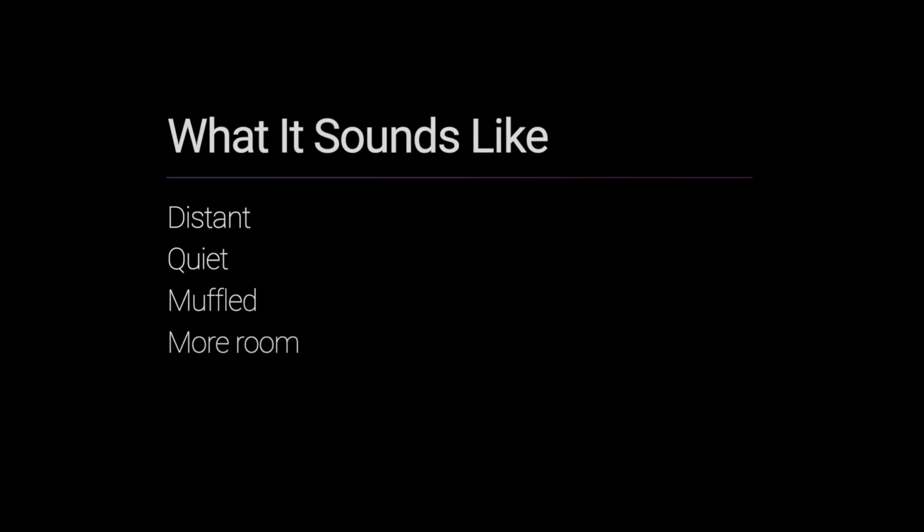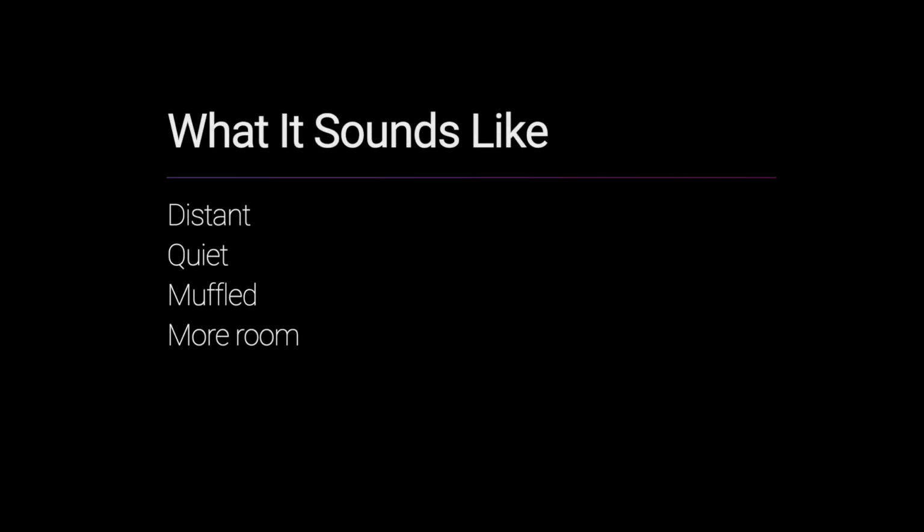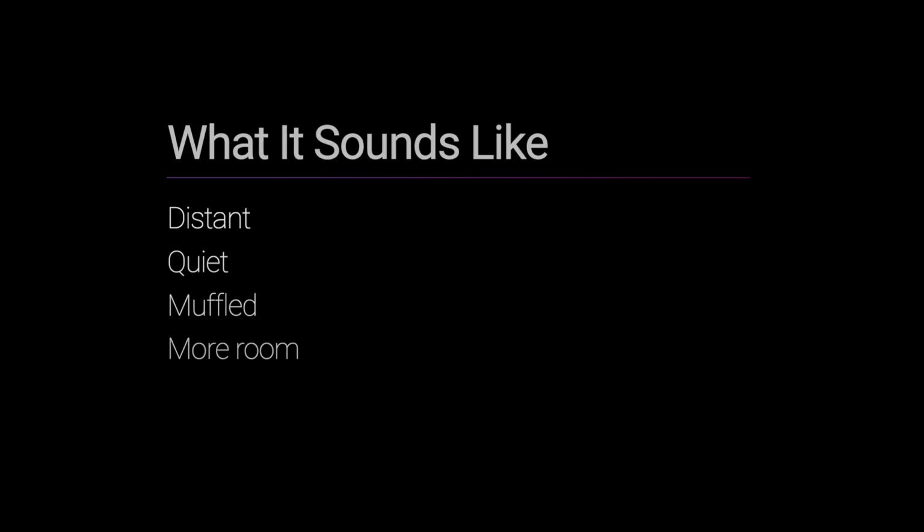Like we talked about earlier, it's going to sound a little more distant and not quite as upfront. You might hear more of the room. So pay attention when you're listening to them talk during the sound check, because these little things can clue us into the mic being spoken into in the wrong part.